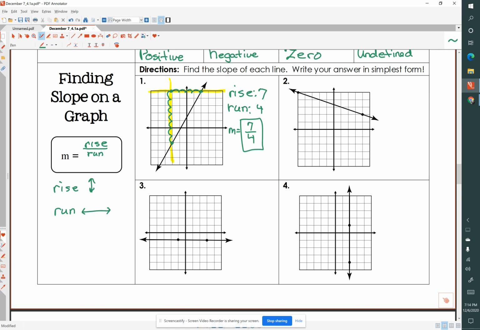Now, in this case, we have a negative slope. So I'm going to use that yellow highlighter again, because I think it helps us with the counting. Do you see what I highlighted on this graph?